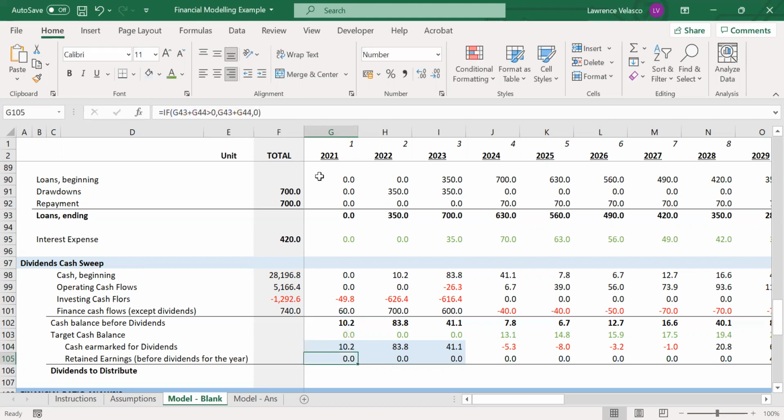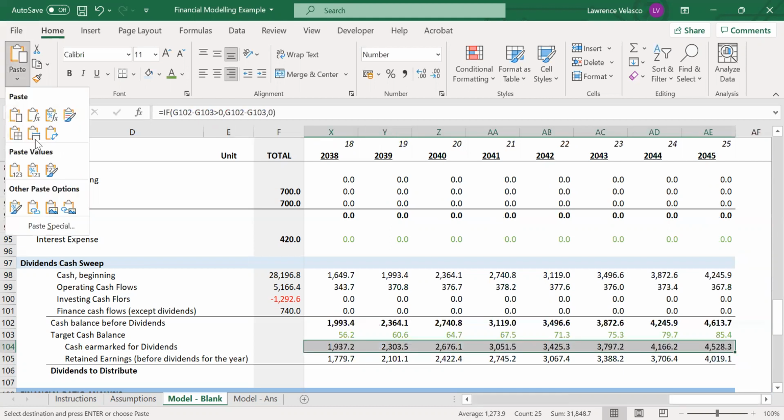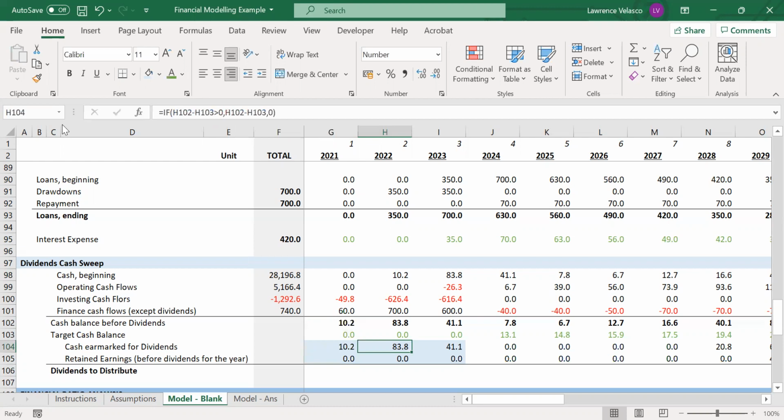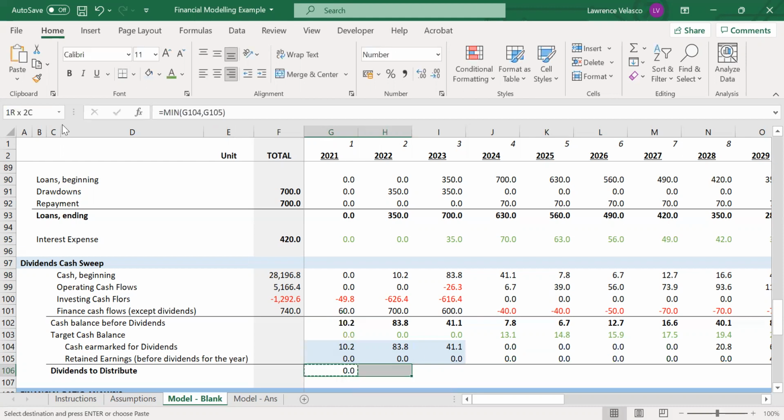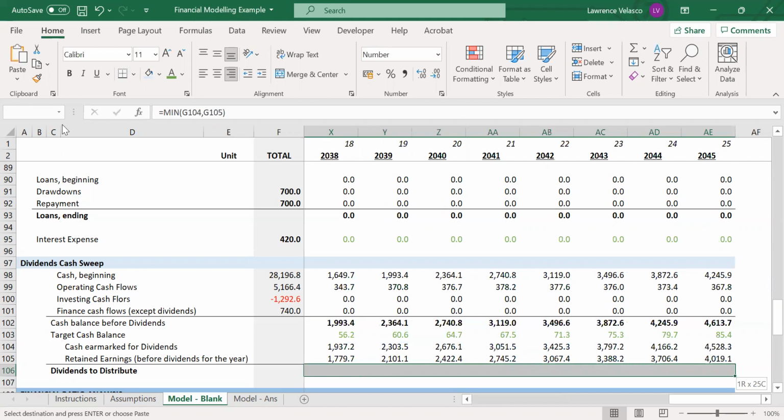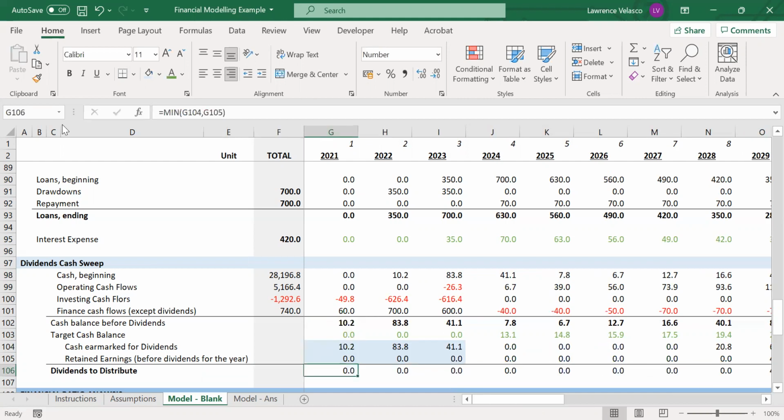Otherwise, you should not be declaring dividends. Okay? Right? And then here, yung dividend to distribute is the minimum between the two.